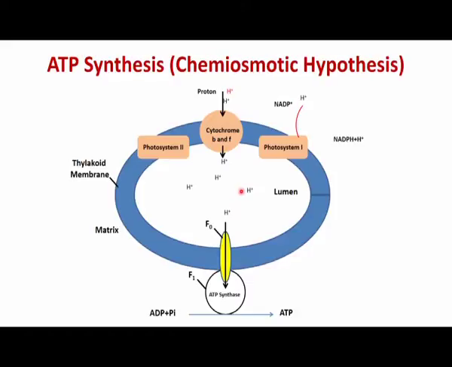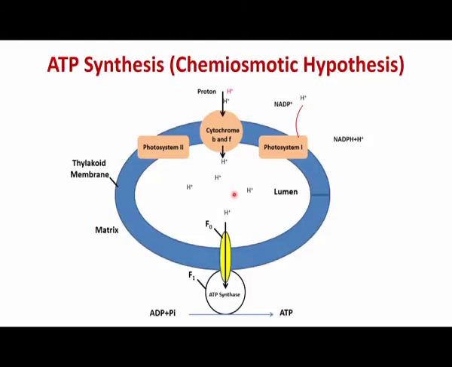Because of the low level of protons outside and the high number of protons inside, these protons have a tendency to go out of the thylakoid membrane. But because these are charged particles, they cannot go passively across the membrane.